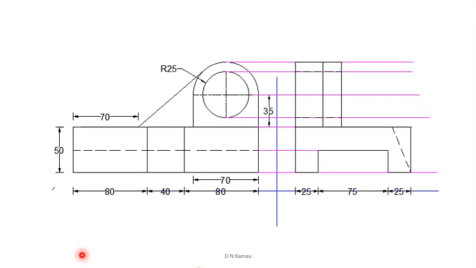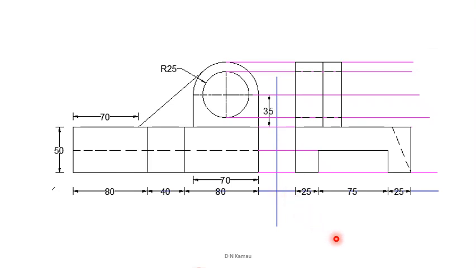These lines will help us to borrow all the lengths. We shall have borrowed the length of 80, of 40, of 80, of 70, of 70, and so on. All these lengths will be borrowed downwards. And we need to do the same thing to this one. But because we want to combine these distances with the ones that we are going to project down here, we need to introduce a 45 degrees line from that Cartesian center.